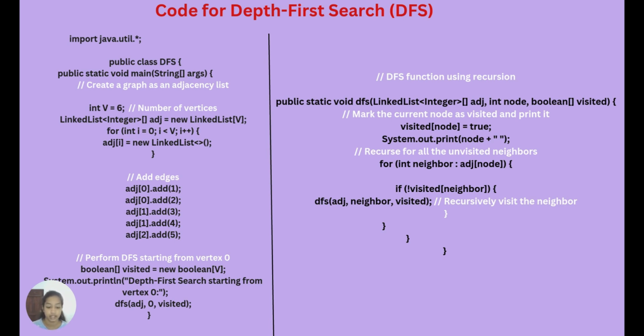Adding edges. The program manually adds edges to the graph to define its structure. These edges show which vertices are connected to each other.